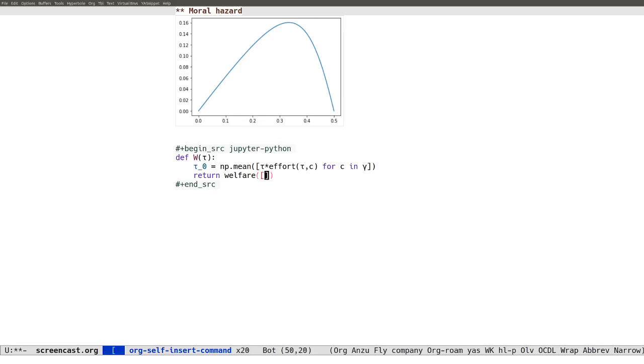So for welfare I need to give it a vector of utility levels. So that vector is going to be 1 minus tau times the effort that people choose, and that effort is a function of tau and c, plus everybody gets a basic income, so everybody gets a tau 0, and of course minus the cost of effort, which is a function of tau and c.